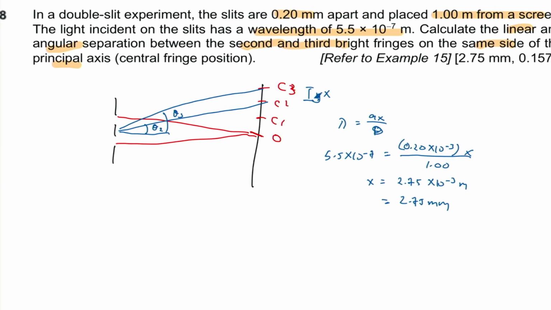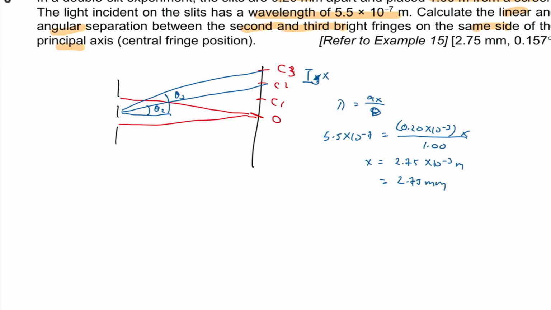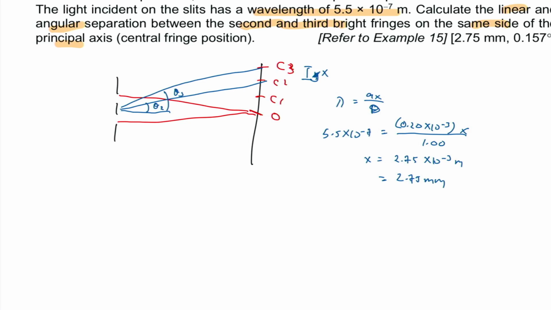Next, we are supposed to find the angular separation. So you need to work out theta 2, work out theta 3, then find the difference between them. So this is theta 3 minus theta 2. We can use our diffraction grating formula here.